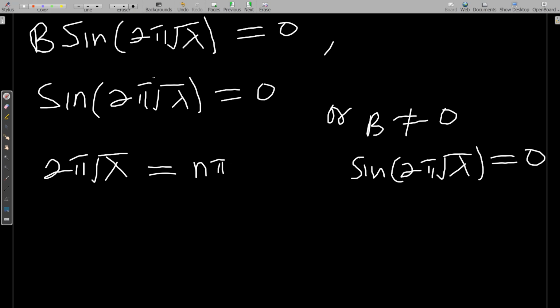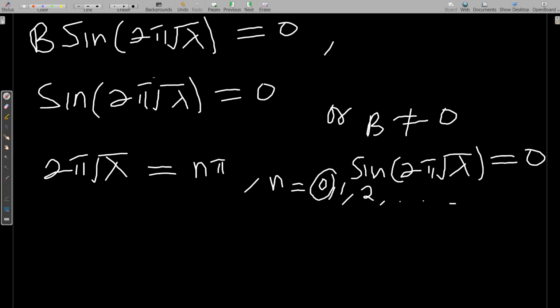So n pi, and I said n is an integer multiple, but we are taking the positive part because we said lambda is greater than 0, so the negative part wouldn't work. So n equals 0, 1, 2, and the rest.